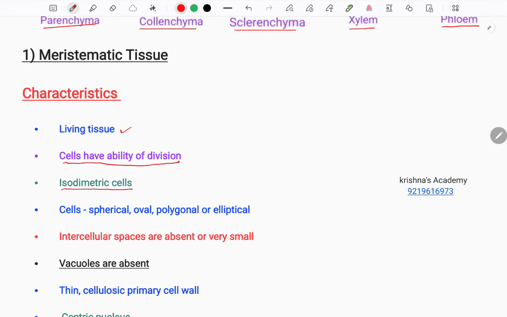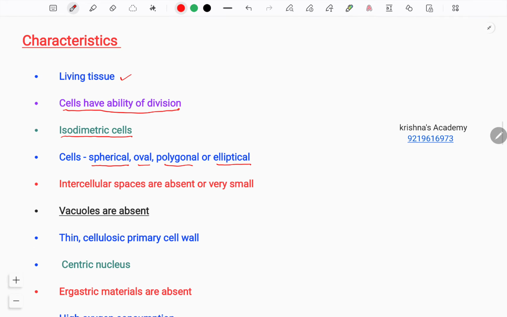Next characteristic: spherical, oval, polygonal and elliptical in shape. This is for the shape of the cell. Generally they are polygonal. Next, intercellular spaces are absent or very small. Generally these are absent.